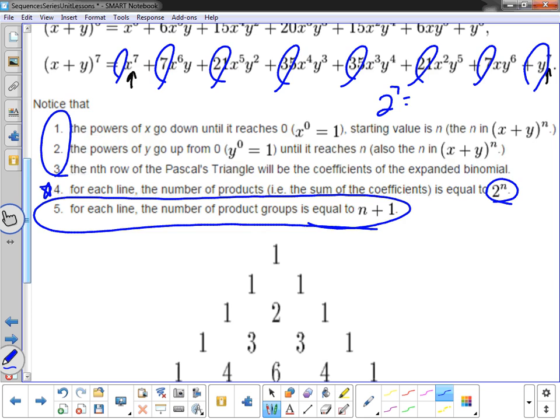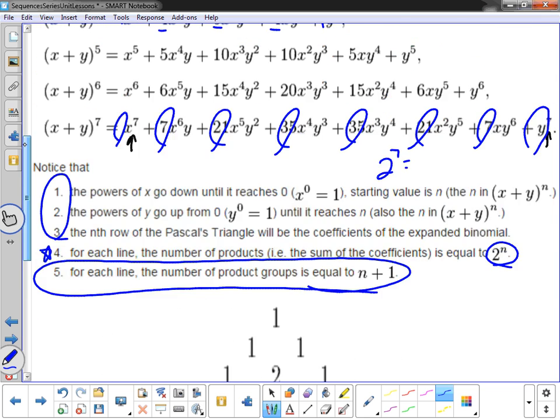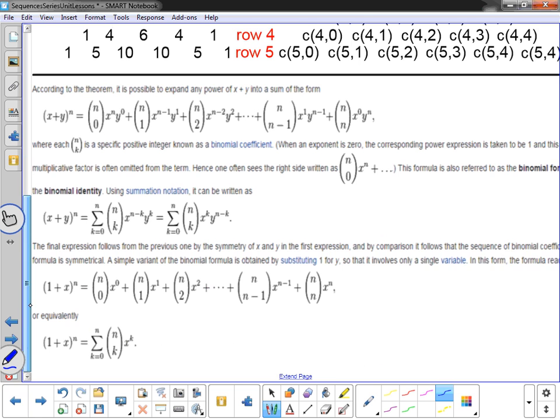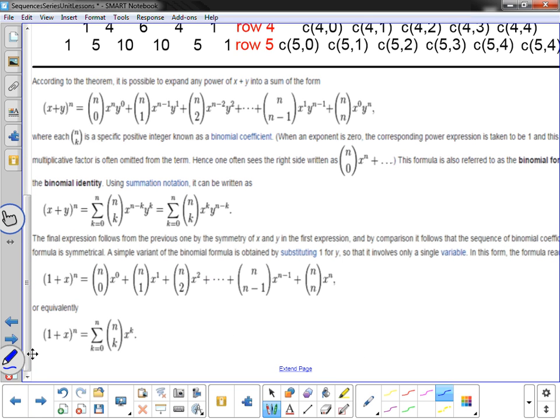Okay, so here's the thing. Back here, we're given a formula on how to do this. And it says we have to use this little thing right here to figure out what that coefficient is. That little thing right there is the combination of n things taken r at a time.